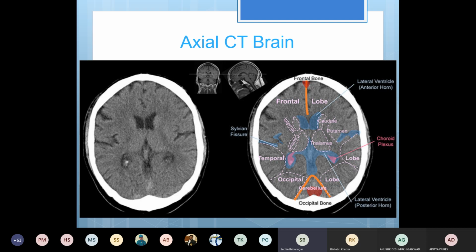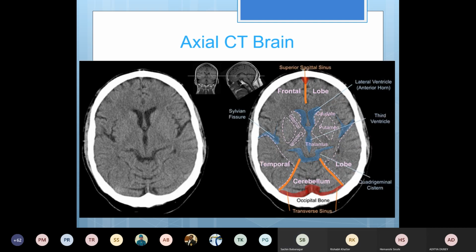Here you have the thalamus on either side, right and left, and these are the lateral ventricles. So you have the posterior or occipital horn. And this is the temporal lobe, and this is the Sylvian fissure. Here you can see very well the caudate nucleus just adjacent to the frontal horn of the lateral ventricle.